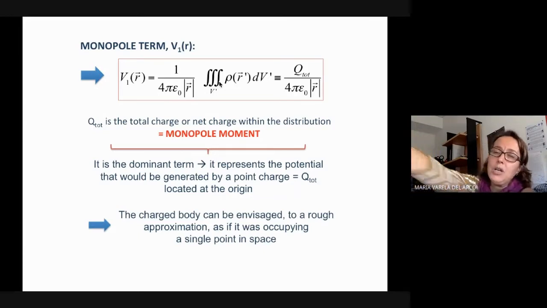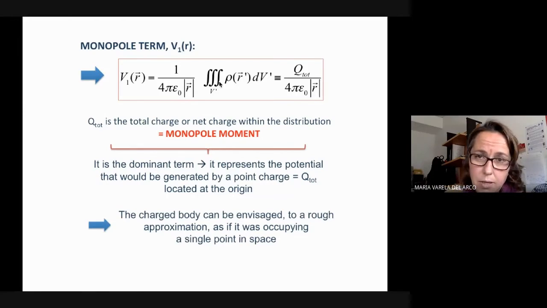So I see the potential and the field of a point charge. In other words, charge distributions, when I am very, very far from them, look like point charges. Surprise, surprise. And in principle, if my distribution had a net charge different from zero, that would be all I would need to know. If I'm far away, that's it. That would be like a point charge.